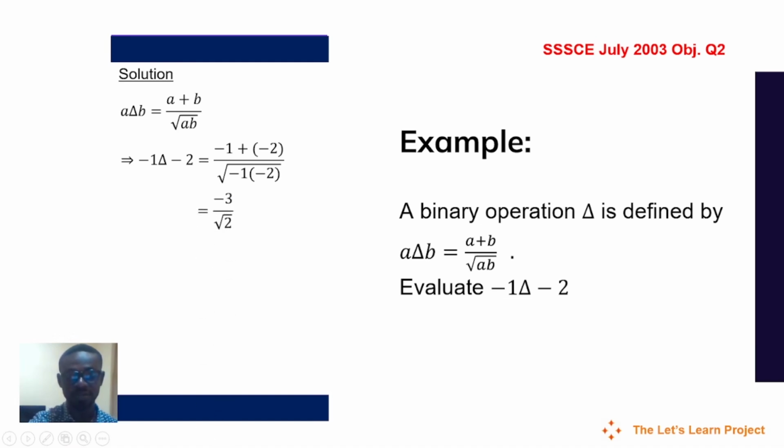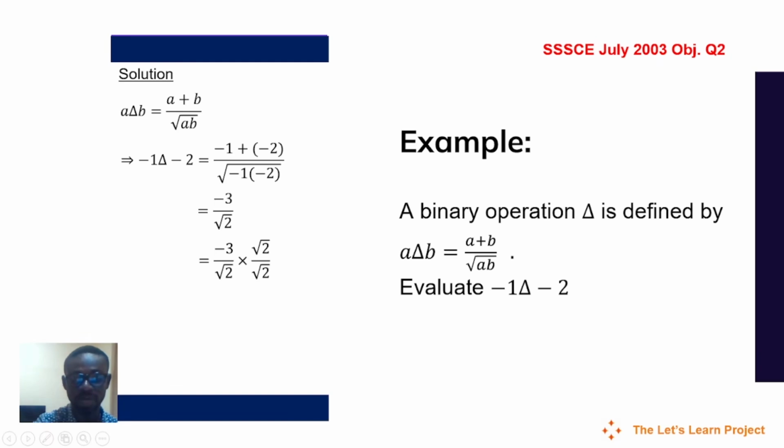When you simplify this, at the top we have -1 plus -2. That gives us -3. And at the bottom, the root of -1 times -2. -1 times -2 is 2. So at the bottom we are going to have the root of 2. And then the denominator is an irrational number, so we have to rationalize it. That is, with the root 2, we use the root 2 to express 1.